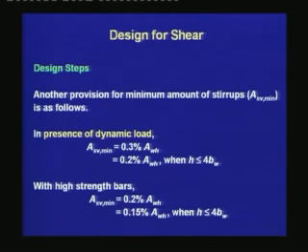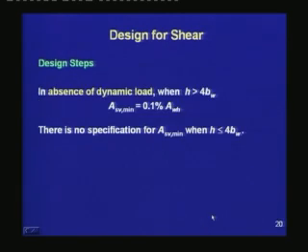With high strength bars, Asv minimum is equal to 0.2% of Awh, which is equal to 0.15% of Awh when h is less than or equal to 4 times Bw. In absence of dynamic load, when h is greater than 4 times Bw, Asv min is equal to 0.1% of Awh. There is no specification for Asv min when h is less than or equal to 4 times Bw.